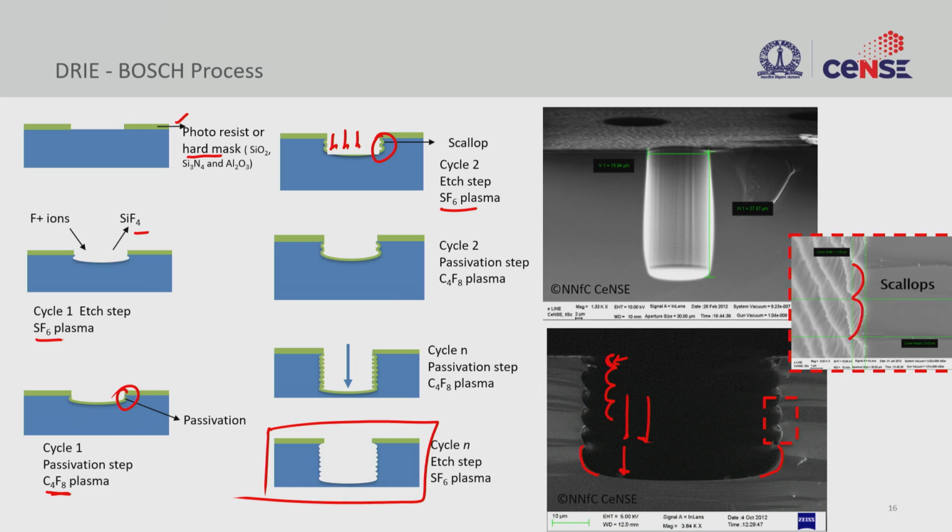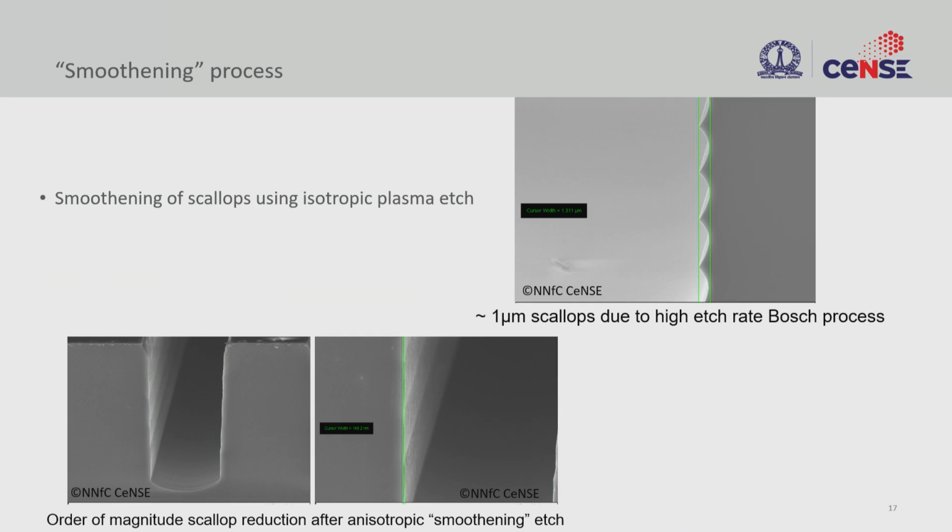Each cycle creates this, but sometimes these are undesirable. So you may want to smoothen it out, right? So you can smoothen it out by using isotropic plasma. You can put it through isotropic plasma, and you can see here about a 1 micron reduction in the scallops, and even in the more optimized case, you don't see any scallops at all.